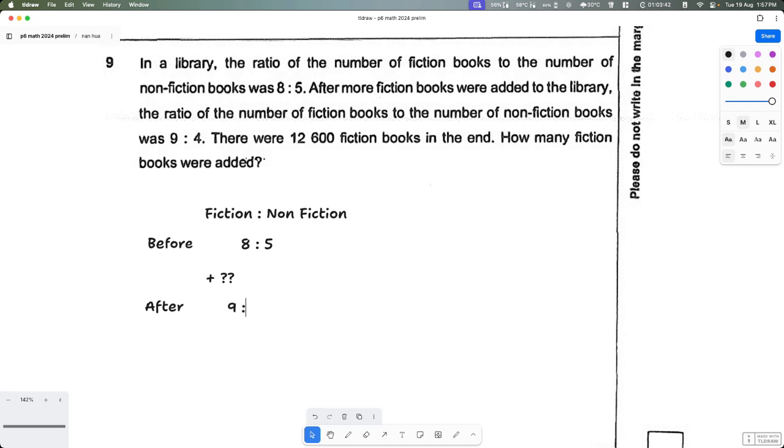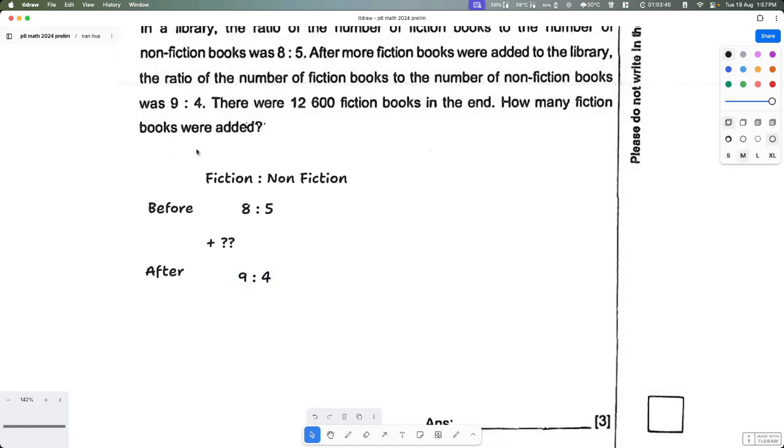And at the end, we also know there are 12,600 fiction books. How many fiction books were added? So we want to know this.